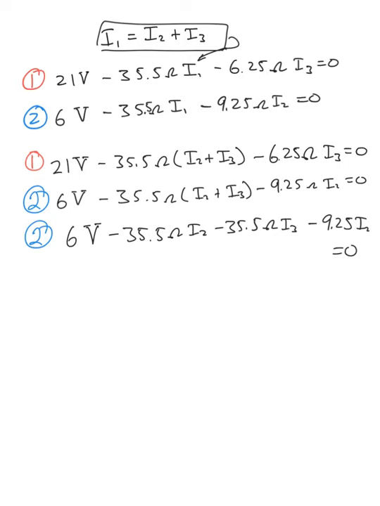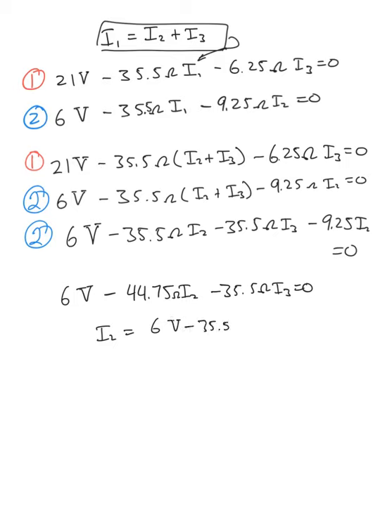Combining our I2 and I3 terms gives 6 volts minus 44.75 ohms times I2 minus 35.5 ohms times I3 equals 0. Solving this for I2 gives 6 volts minus 35.5 ohms times I3, divided by 44.75 ohms.